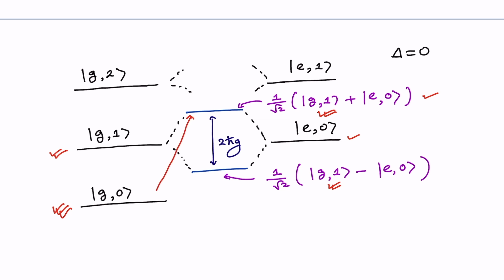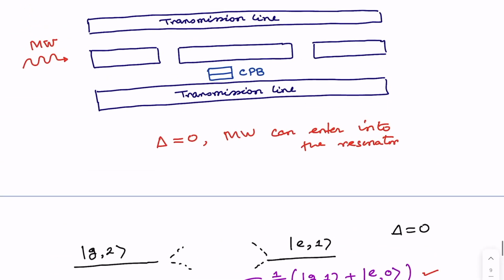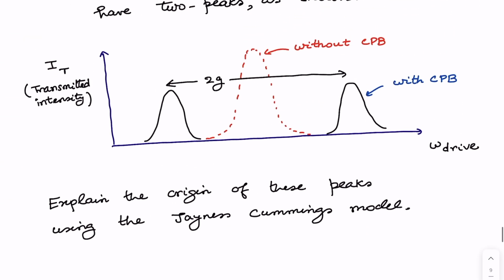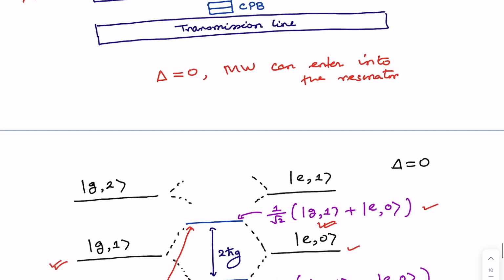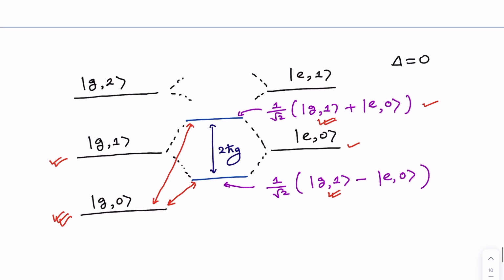The energy difference between these two transitions is 2 h bar g, or in frequency it is simply 2g. And this is the origin of the two peaks in the intensity spectrum shown here, and as you can see, the frequency difference between the two peaks is 2g. So the energy level structure offered by the Jaynes-Cummings model very simply explains the origin of these two peaks.